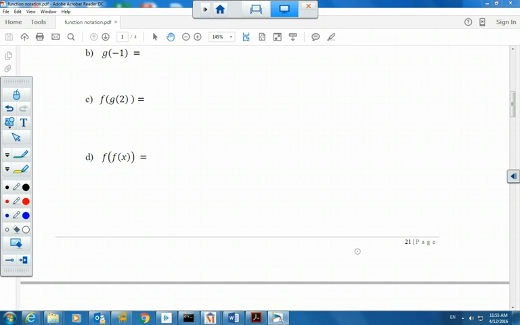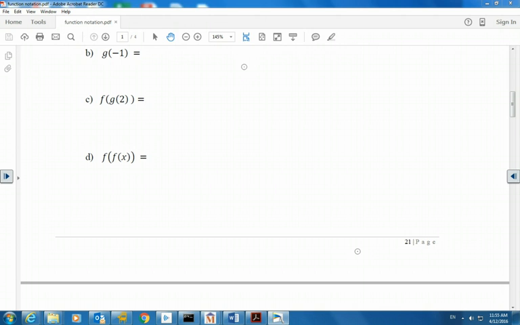Okay, so here, first of all, what is f of x? 2x plus 1? Okay, all right, so I'll just write that up here so that I can remember. So f of x is equal to 2x plus 1. Okay, I need to know that.